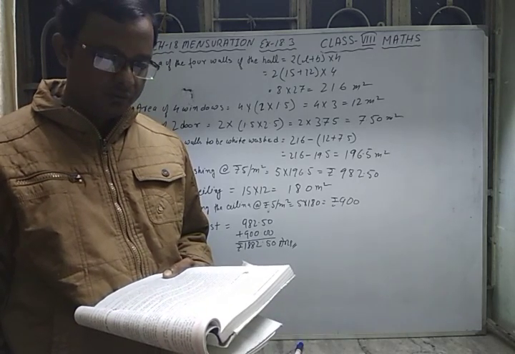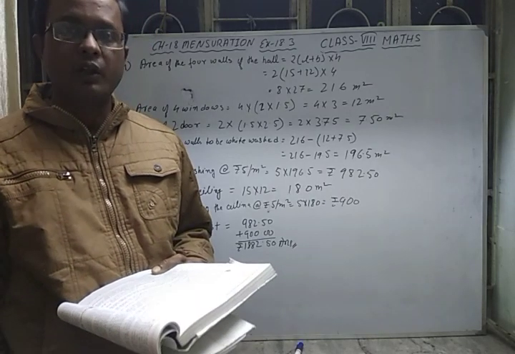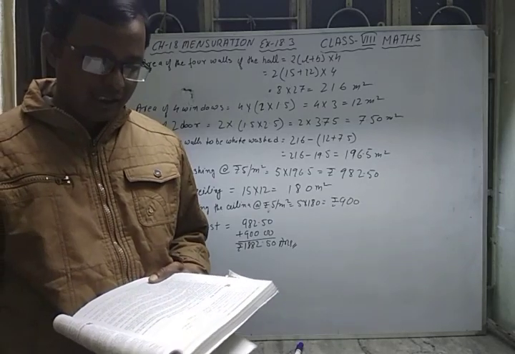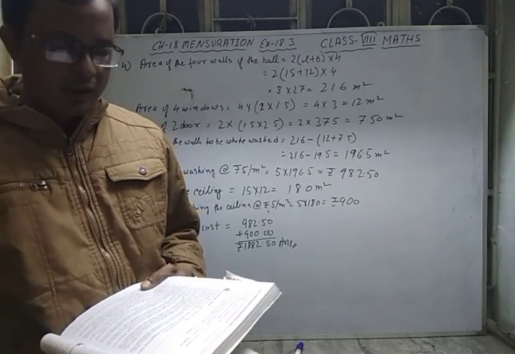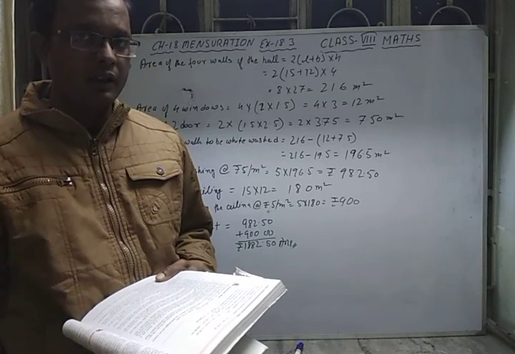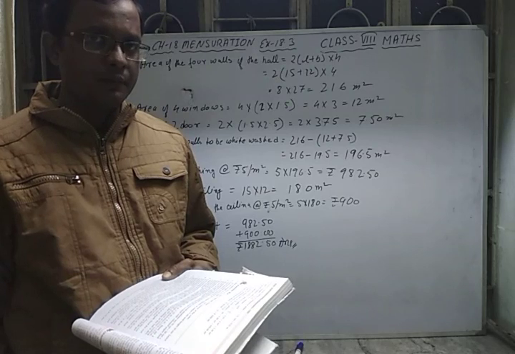Okay, so here water always takes the shape of the container in which it is kept. That means we have to find the area of the tank which is in contact with water.